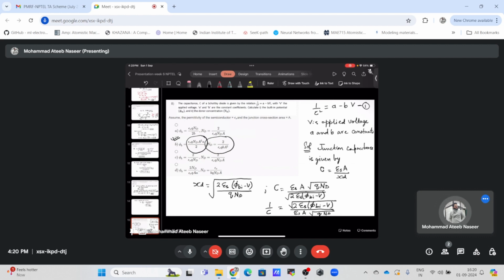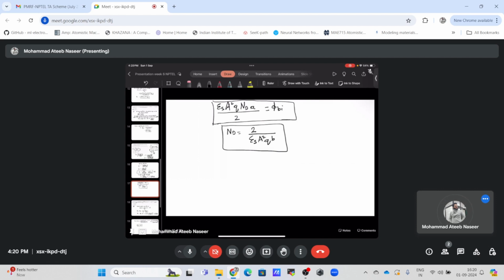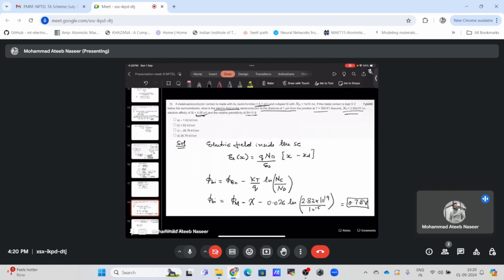We found out the built-in potential and the doping concentration in terms of those coefficients. Then we found out the electric field expression at any position along the metal semiconductor junction from the interface, and at 1 micrometer from the junction we found out the electric field value using the same expression.